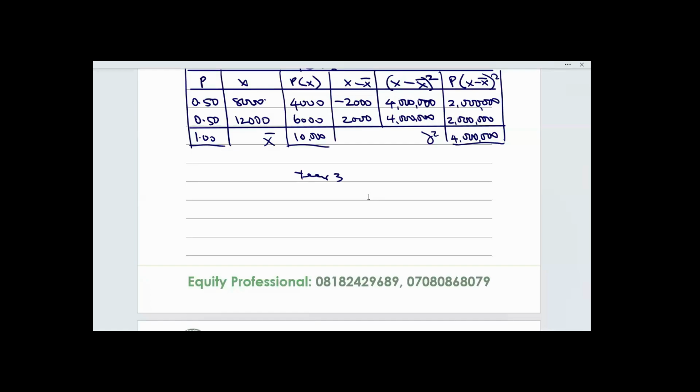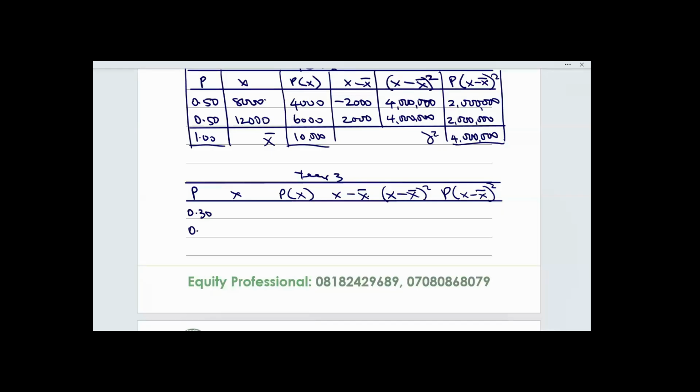So probability, cash flow, expected value, x minus x bar, x minus x bar squared, then probability of x minus x bar squared. So it's 0.3, 0.5, then 0.2, which is equal to 1.